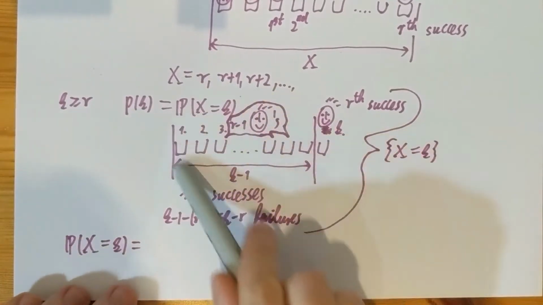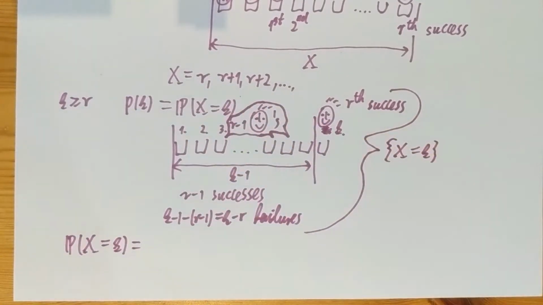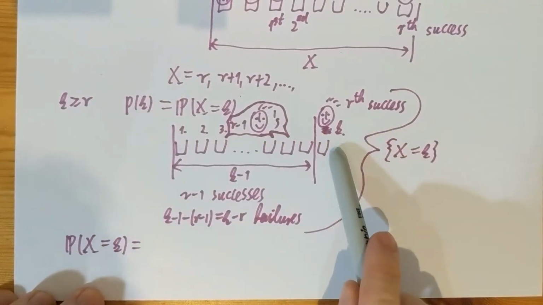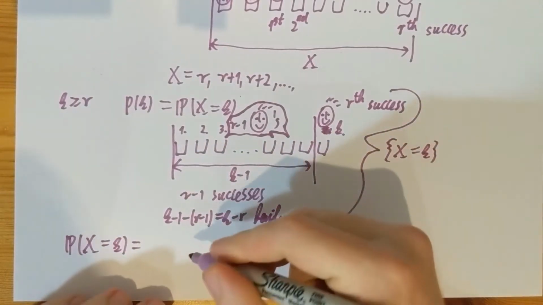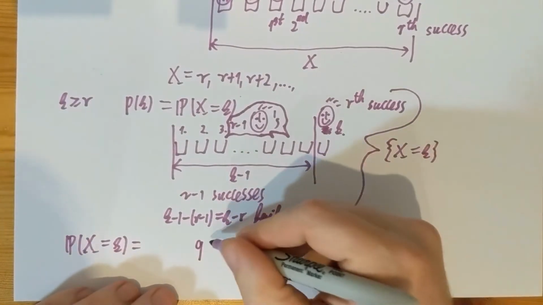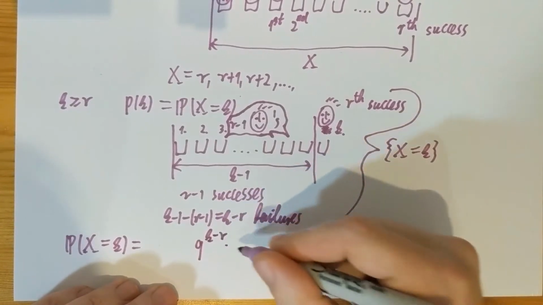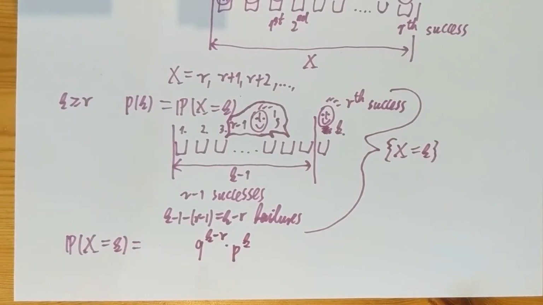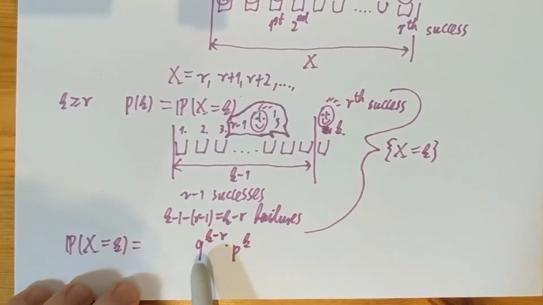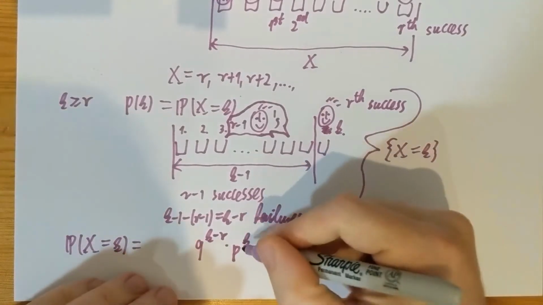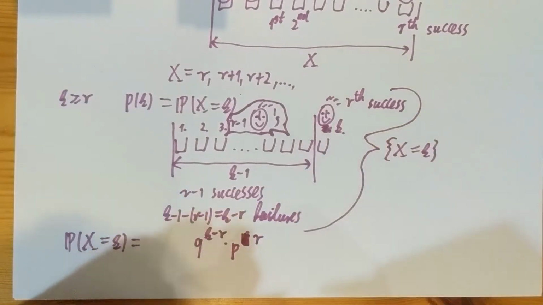Now, any particular order of this whole sequence up to K will have probability q to the K minus R and p to the R. And that's because we have K minus R failures independently occurring, each happens with probability q, and this is not K, this is R, apologies.